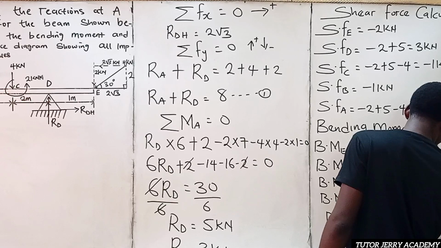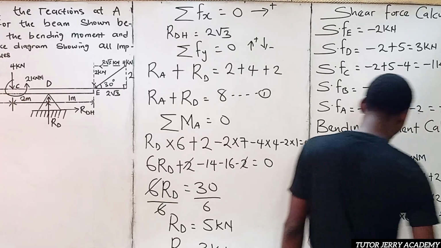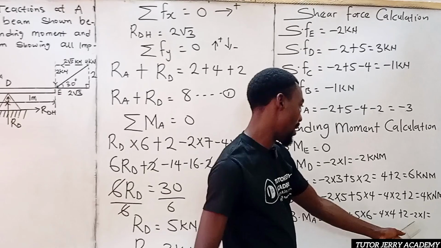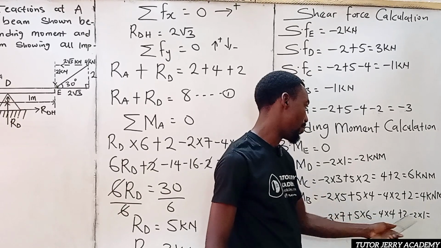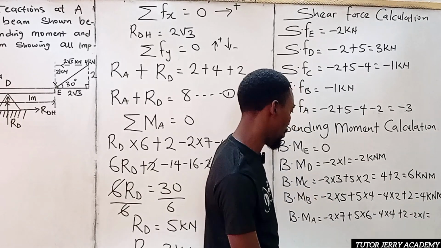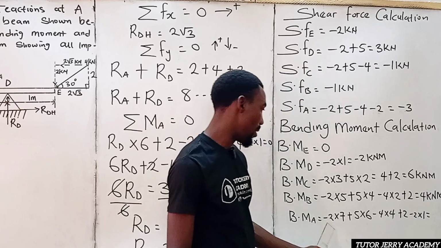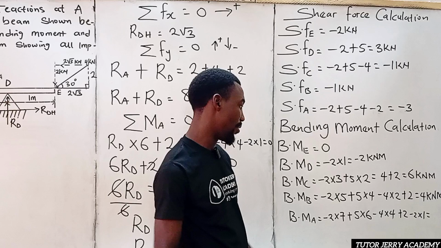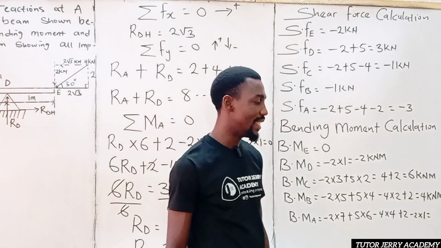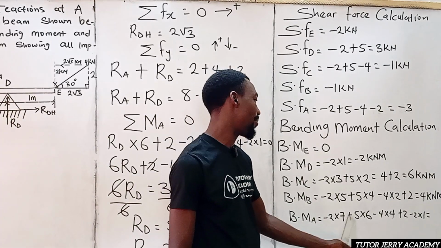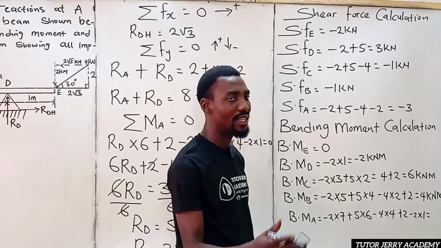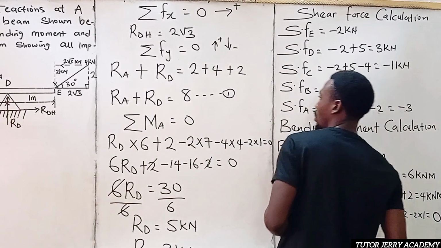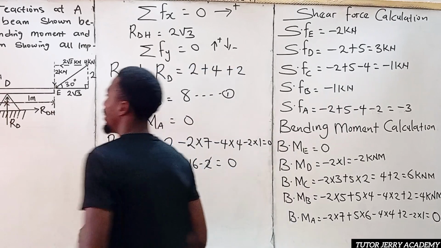So minus 2 times 1 is minus 2, plus 2, that is going to cancel out as 0. So here we have this to be minus 14 minus 16. Minus 14 minus 16 is minus what? 30. And 5 times 6 is 30. Minus 30 plus 30 is what? 0. So this is going to be 0. All right. So that's how to go about that.